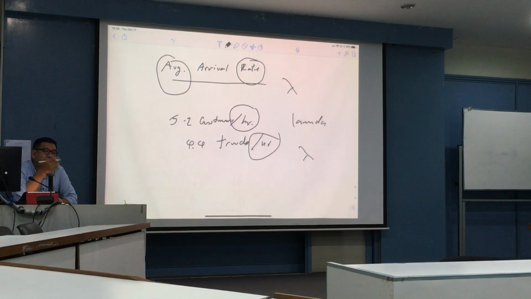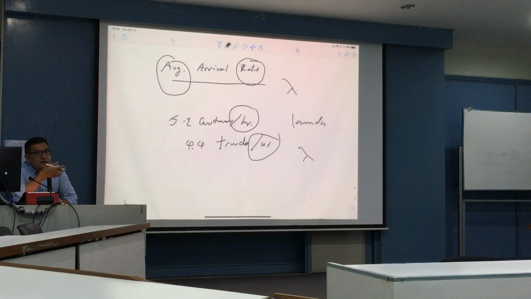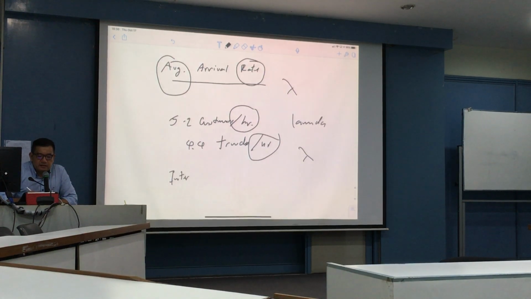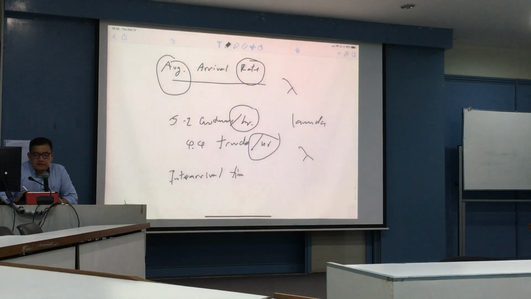But we also have another measure that provides the same information as lambda, but is measured in another direction. We call it the inter-arrival time, or average arrival time. It provides the same meaning as lambda, but shows it in another direction.